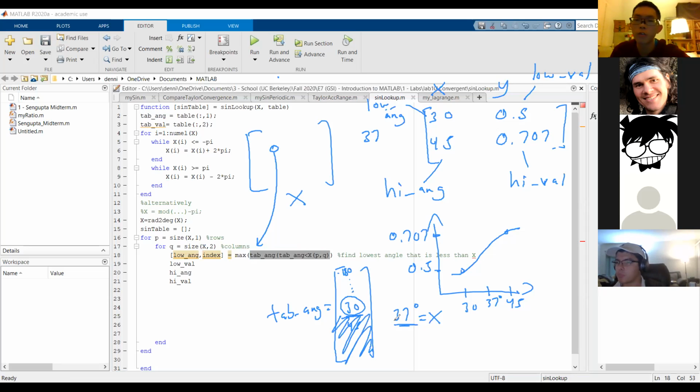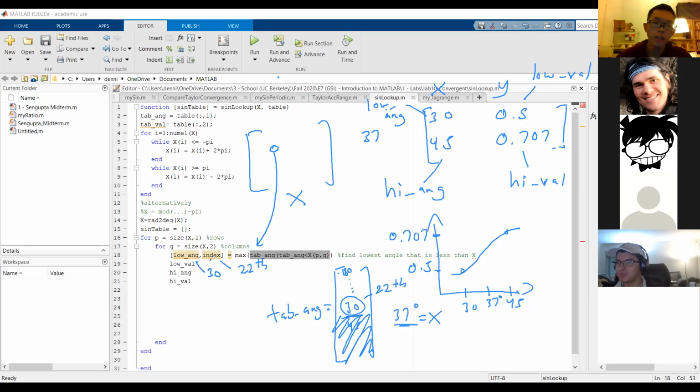It covers up anything above that, and it's going to take the maximum of that. Here's the maximum value. This over here is going to be your 30. This over here is going to be the index. Let's say this is the 22nd index. Or just 22.